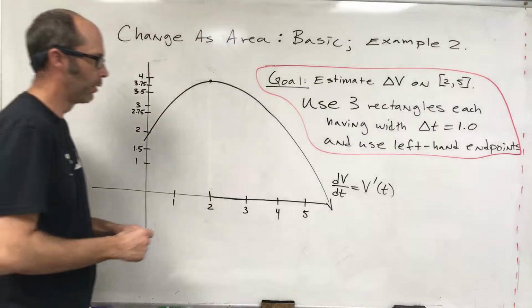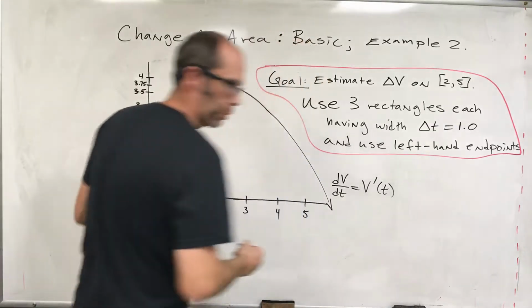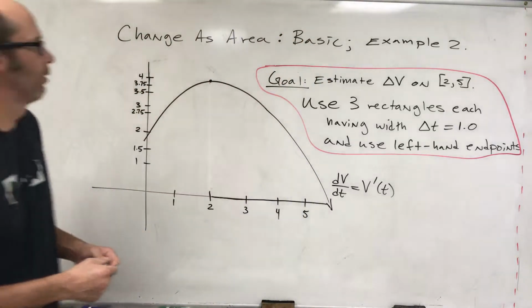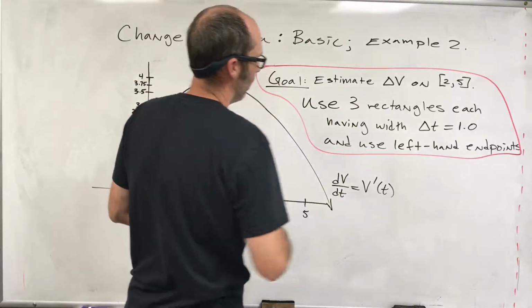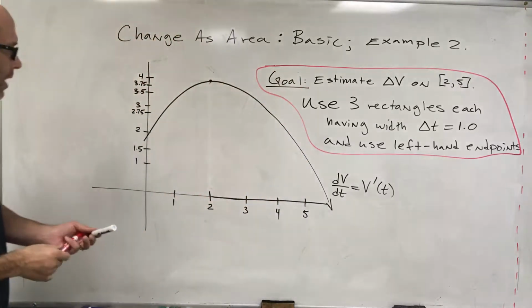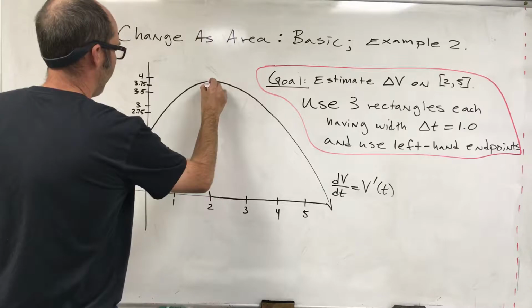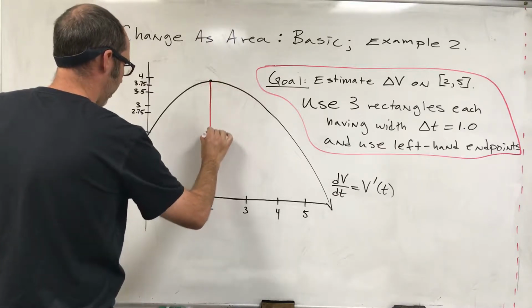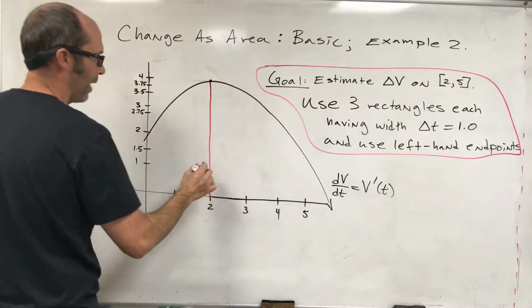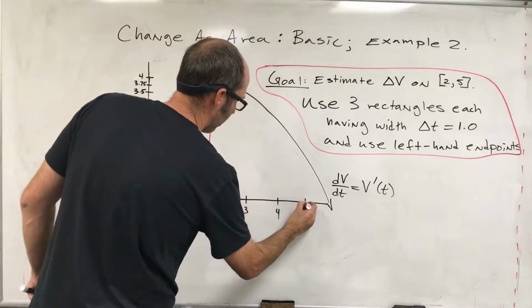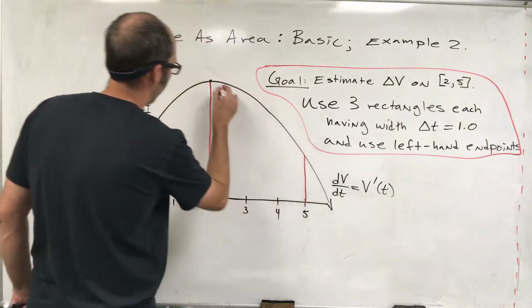Okay, so the first thing to note is that the actual change in V, we're going to estimate change in V, but the actual change in V is whatever the amount of space is in this area.